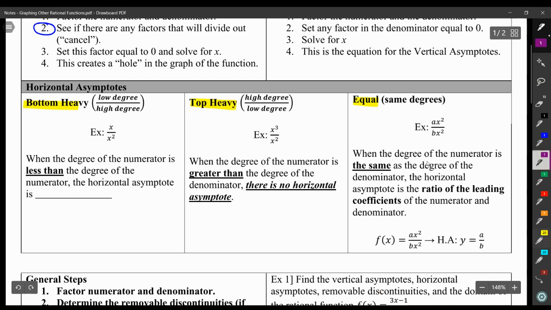And so for bottom heavy, if the degree of the numerator is less than the degree of the denominator, that's a typo, denominator.